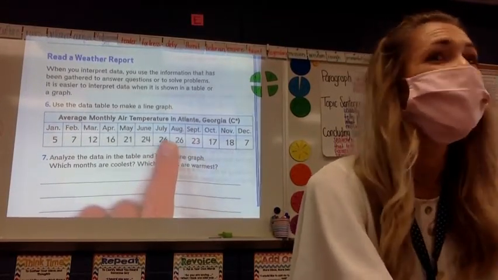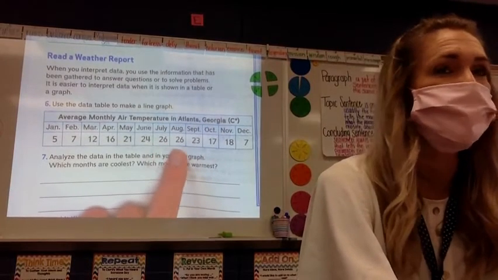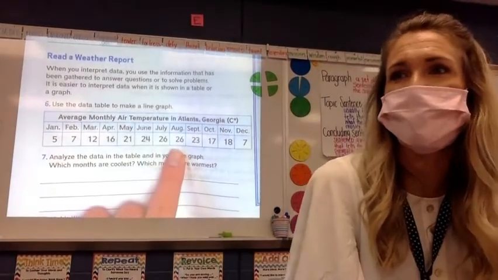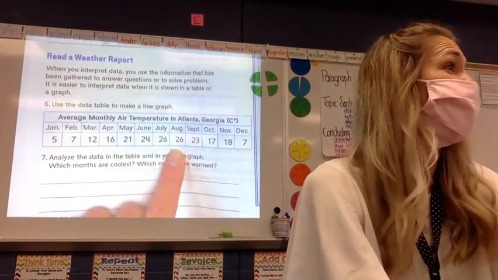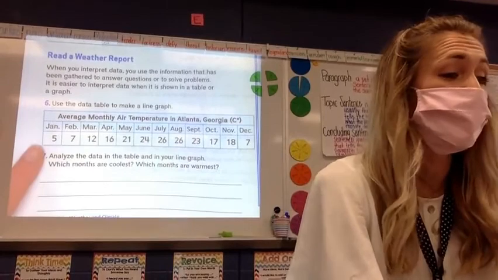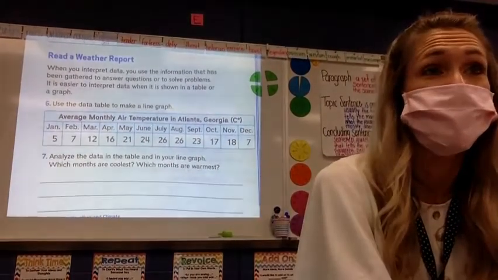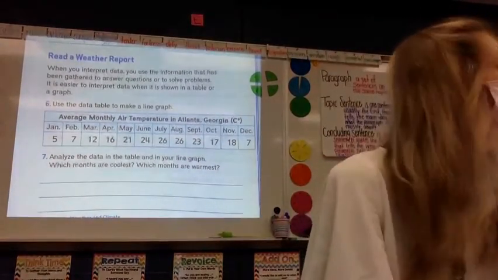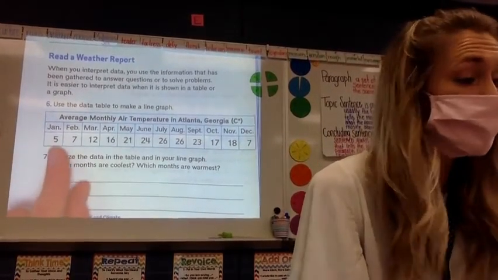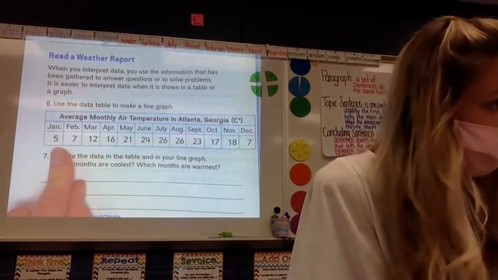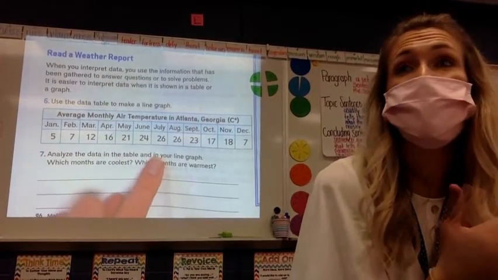You were exactly right. So when July and August are about 78 degrees, do you get hotter than 78 degrees in the summer? Yes. Our average temperature is definitely hotter than that. And in January, December, November, our average temperature is definitely colder as well. But we can see that connection. Even if we don't know exactly what these mean, smaller numbers mean it's colder. Bigger numbers mean it's warmer.